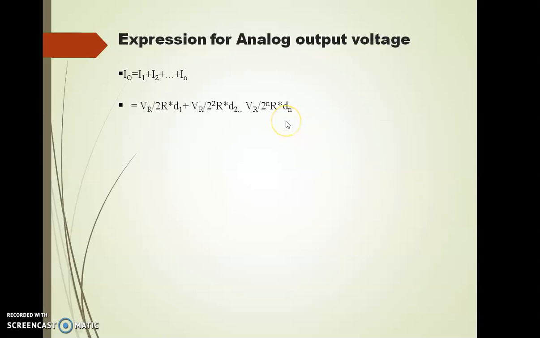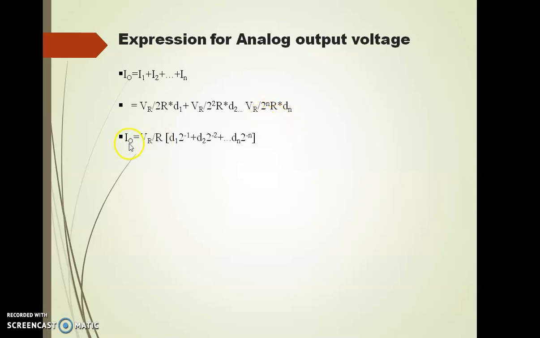So we put the reference voltage, and for each and every binary digit the resistor values are R, 2R, up to 2 raised to n R, given for all the binary digits.